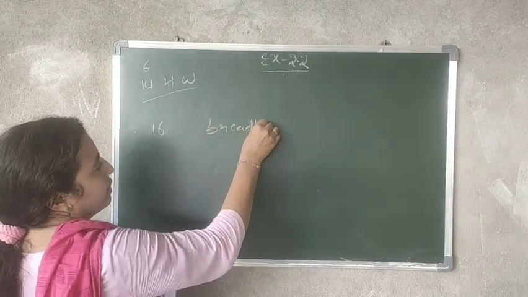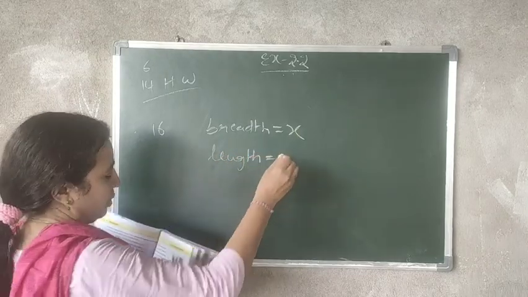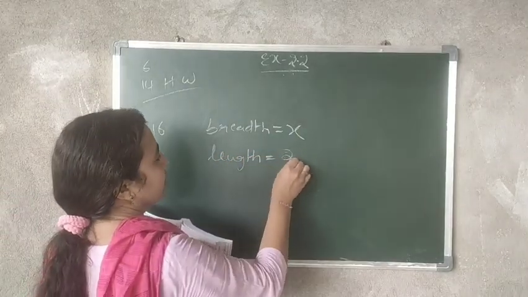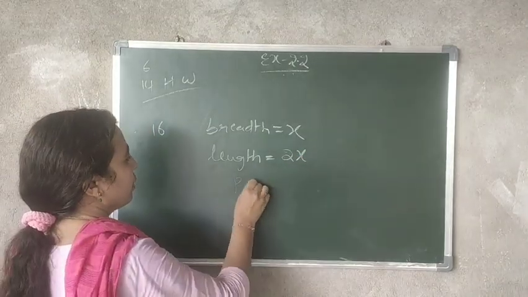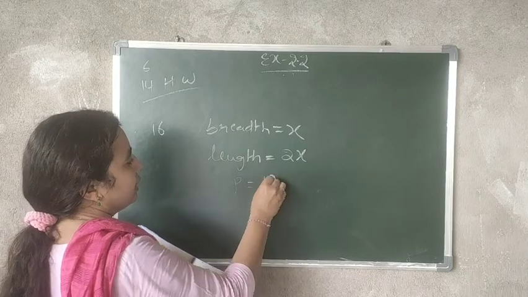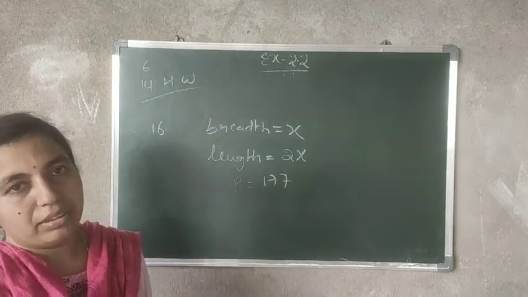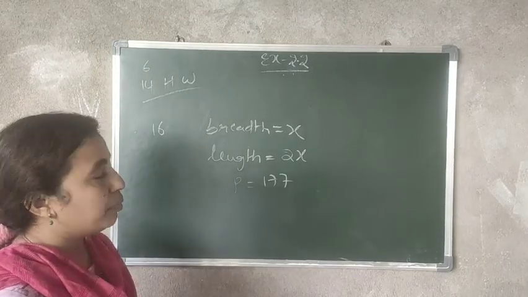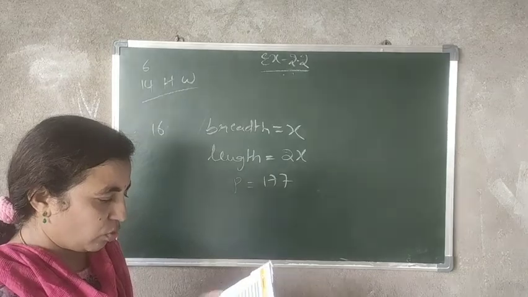So breadth is x and the length is twice that, so 2x. Now you know perimeter is given as 177. What is the formula to find perimeter? 2 into (L plus B). So substitute the length and breadth and find the values. Yes, that is also homework for you.